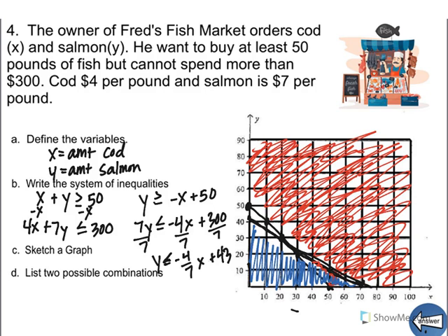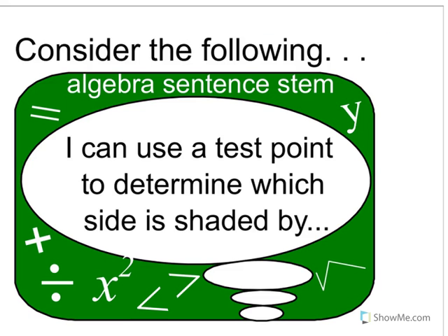Remember that our solution is where the two overlap. So my solution would be in this tiny little sliver right here. That would be the possible combinations that he could have.